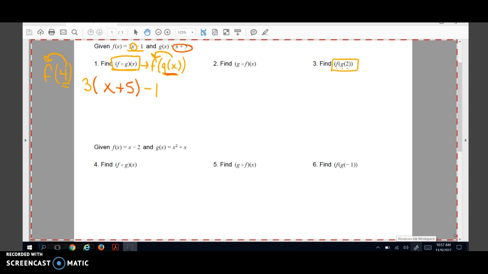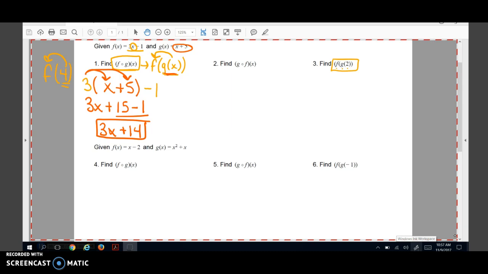So here is f of g of x, but now I need to simplify. I'm going to distribute the 3 to both x and 5. So I have 3x plus 15 minus 1. Combining like terms, that's going to leave me with 3x plus 14. That is my final answer for f of g of x.